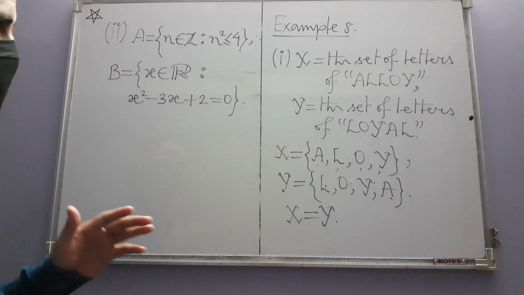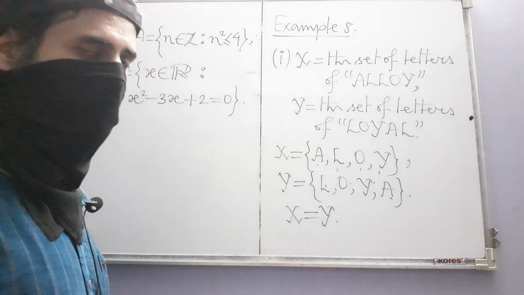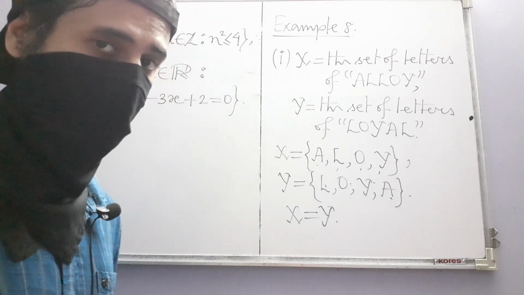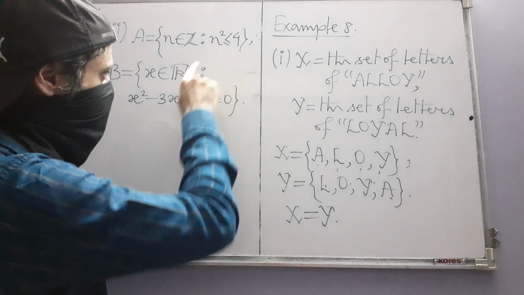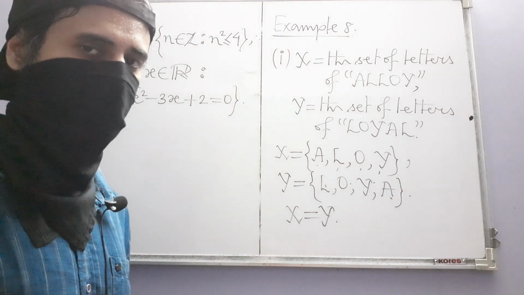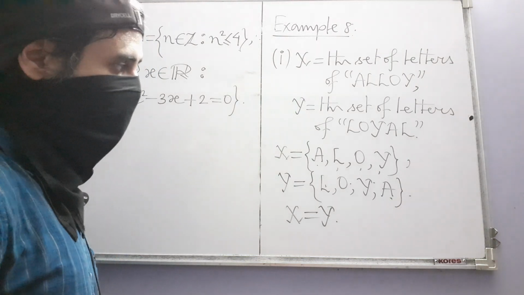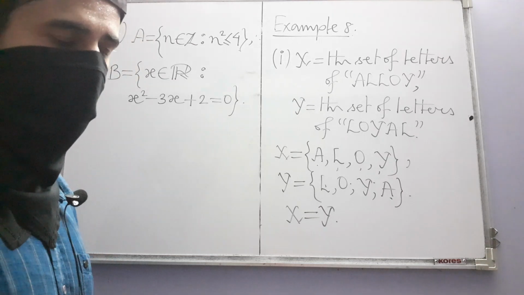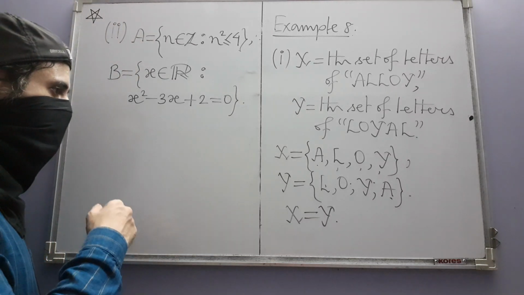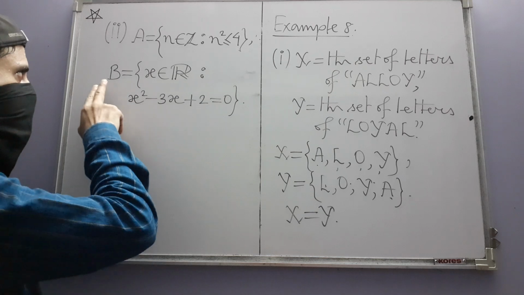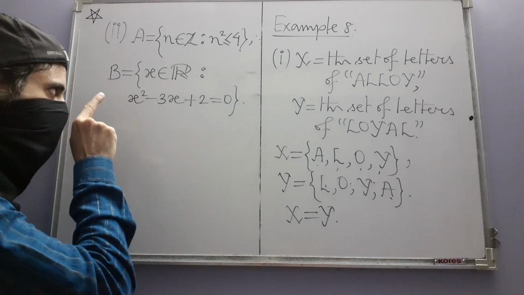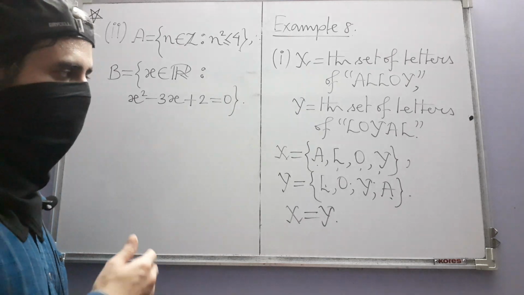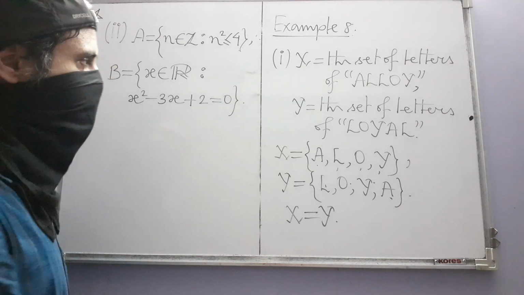Now, in situations like this, it's not always advisable to blindly first find all the elements in the sets, because you do not know whether they are equal. Maybe they are not equal, and in that case, it's enough to show just that there is one element in one of these sets which is not in the other. That itself would make you conclude that they are not equal.